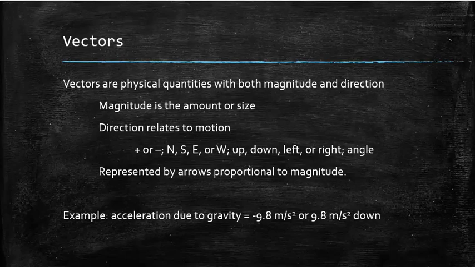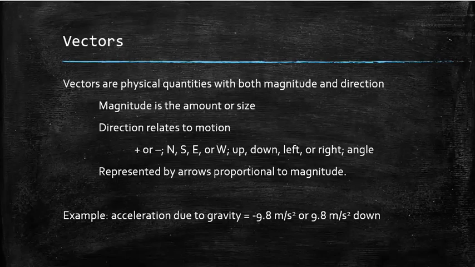The quantities that direction is important in are called vectors. Vectors have both magnitude and direction, so it's going to have a size and a direction that's going to relate to the motion. There's a lot of different ways to represent the direction: plus or minus, north, south, east, west, up, down, left, right, or even angles when we're talking about circular motion. When you draw vectors, you want to use drawings to help you solve your problems.